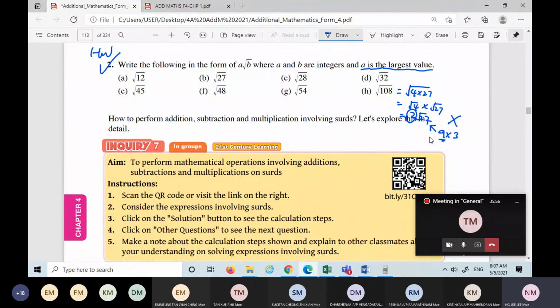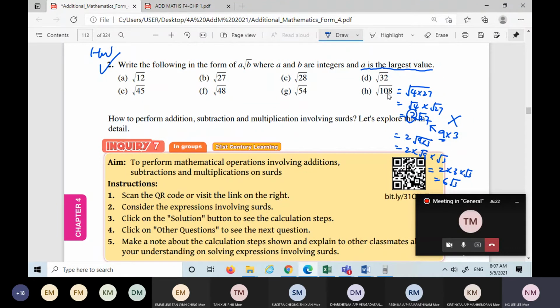This is the meaning. So here you continue with 9 times 3, and then square root of 9 is 3. So 6 square root of 3. Now the a, the 6 here, is the largest.